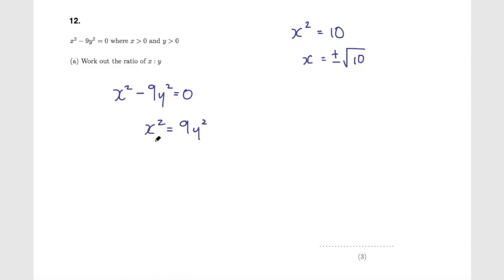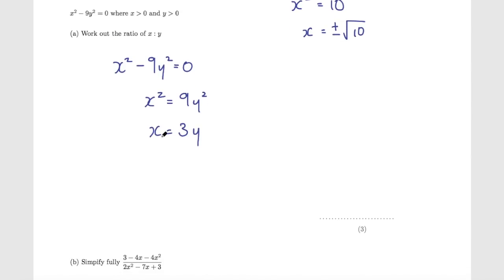So the square root of x squared is just x, square root of 9 is 3, and the square root of y is just y. So x equals 3y. So let's say x equaled 6. We'd have to multiply something by 3 to get 6, so y would equal 2. So the ratio here of x to y is 3 to 1.